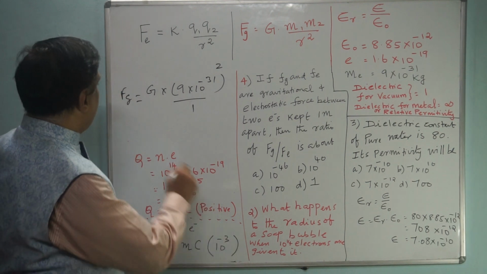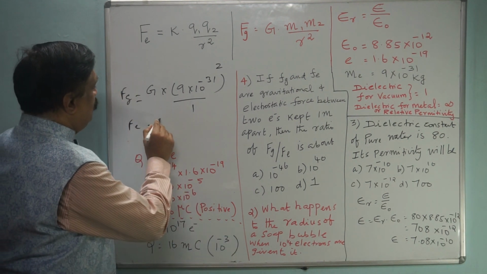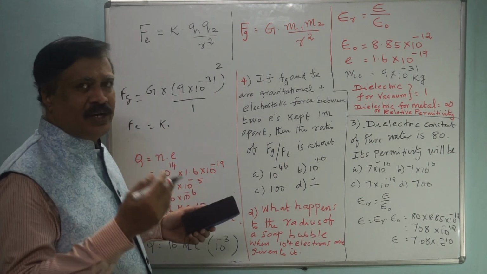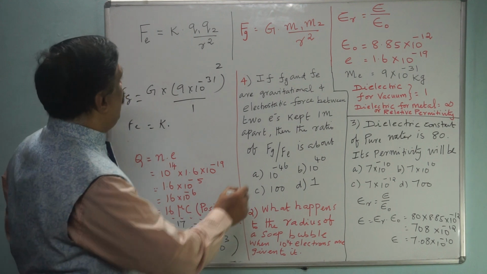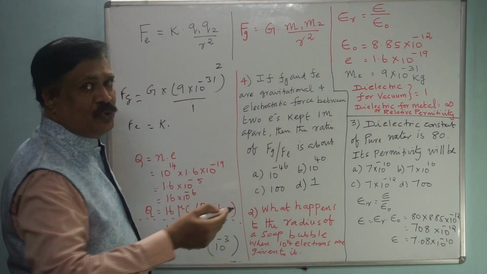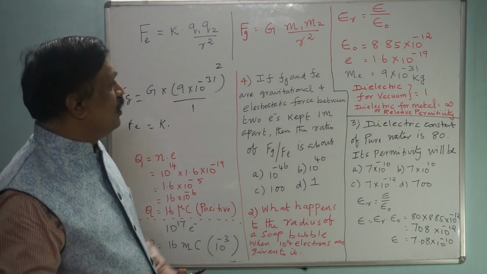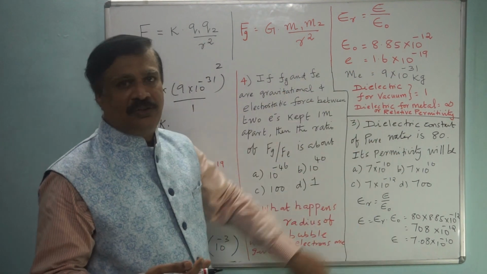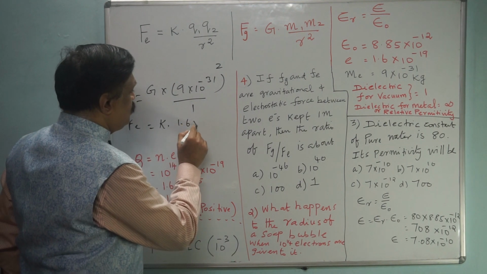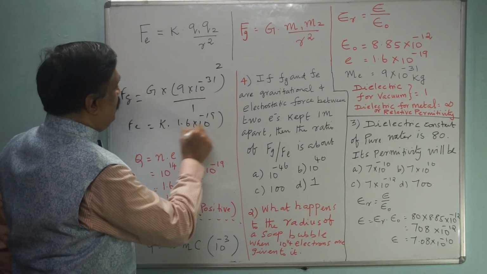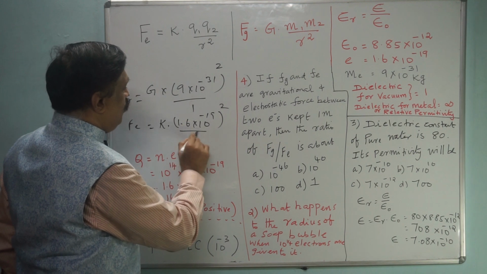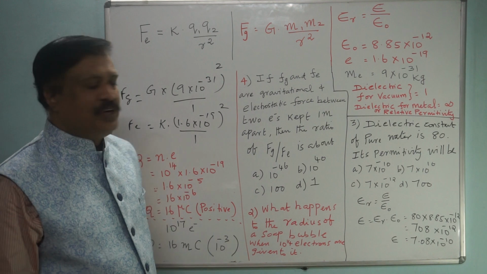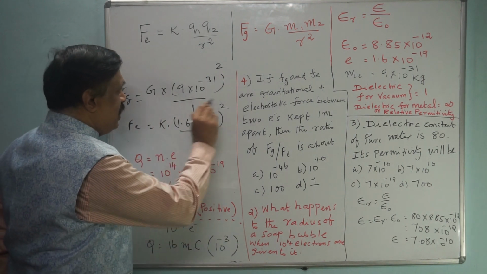And Fe equals K into q1 q2 by 4 pi epsilon 0 r squared, or simply K means 9 into 10 power 9. Here two charges q1, q2, both are same, therefore q squared. What is q? Here electronic charge, therefore it is 1.6 into 10 power minus 19 whole squared, by 1. 1 squared means 1 only. Now the ratio between Fg and Fe, therefore you have to divide this.